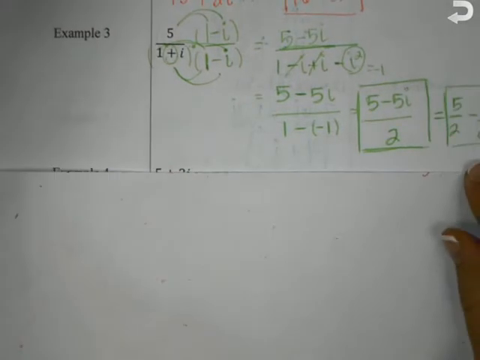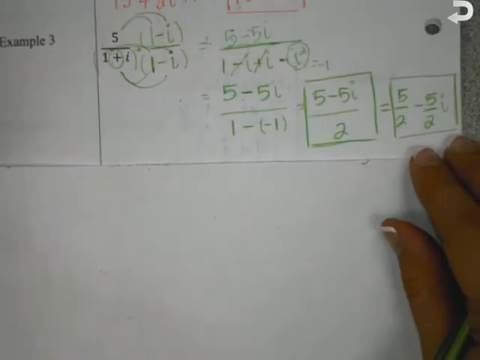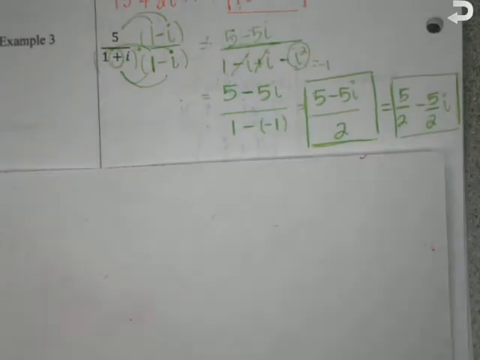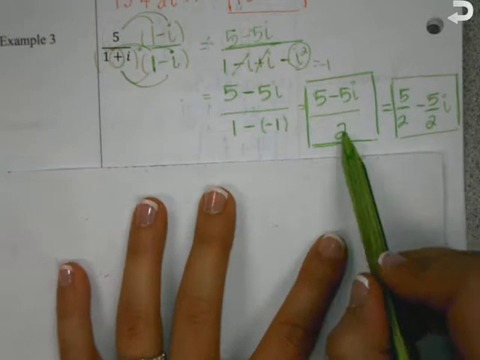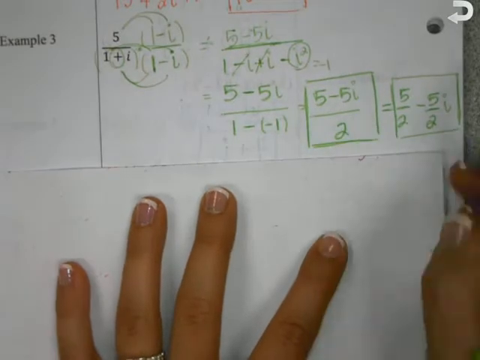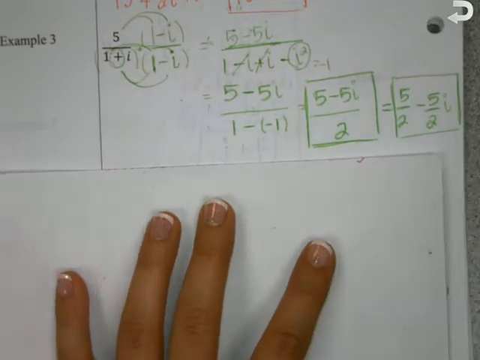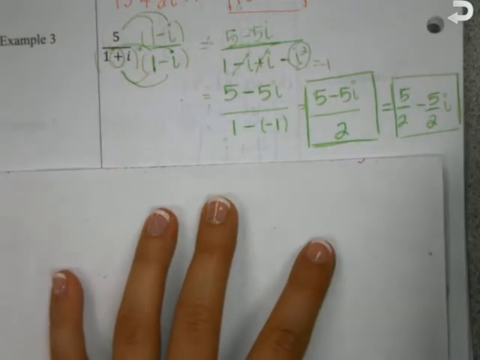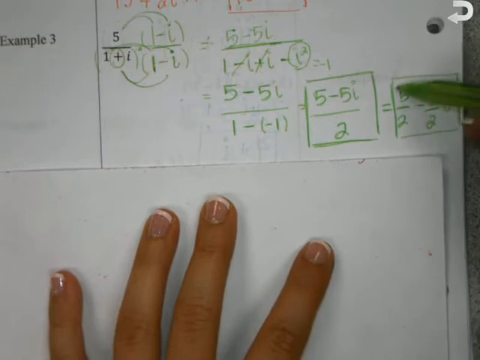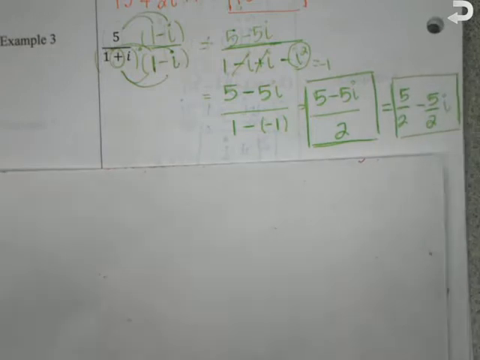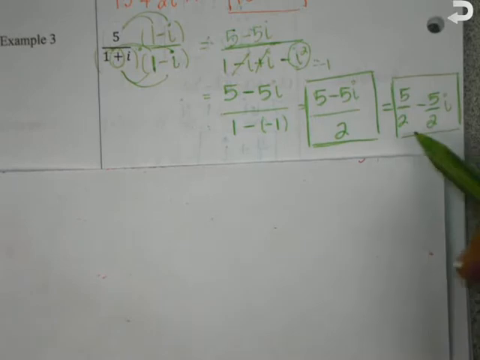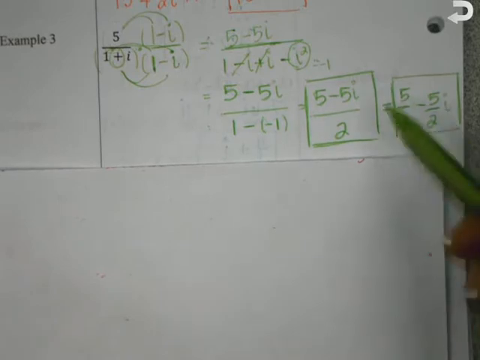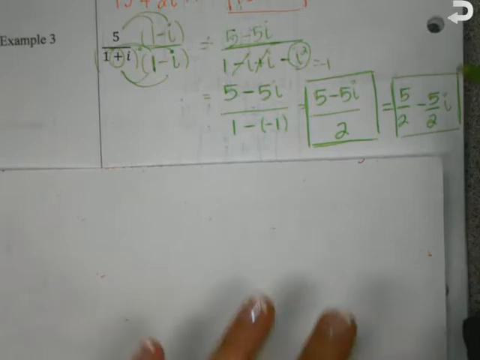So this denominator goes with each of the terms. Sometimes in order to make it a proper complex number, we have to have the real part and the imaginary part separated. Okay, so just get kind of used to that. It also makes it a lot easier for simplifying, if part of it can simplify but not the other part. So all they did here was separate it into two numbers and give the denominator to both. Okay?